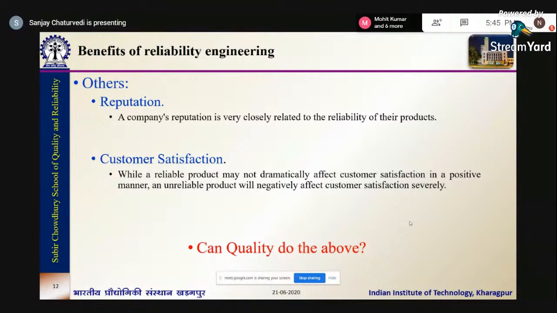Many times people question whether quality does the same, but I'm just posing this question: can quality do the same? Possibly not, because it is again a debatable question. People of the quality paradigm and the reliability paradigm are always on two platforms, putting forward their positive points: quality is a subset of reliability, or reliability is a subset of quality.